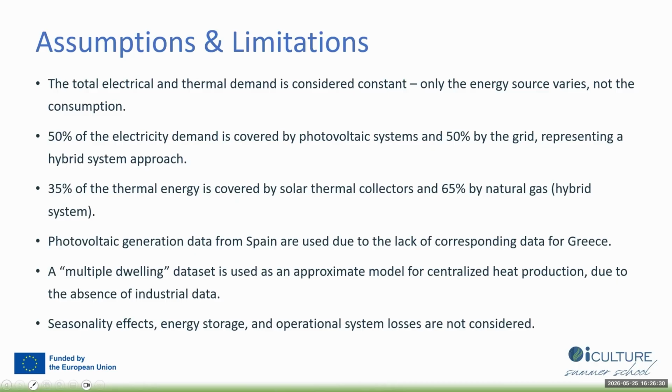This means our study focuses exclusively on the impact of shifting the energy source without assuming any changes in process efficiency or consumption behavior. For the hybrid configuration, we model a balanced hybrid approach, meaning for electricity, we assume a 50-50 split between the photovoltaic system and the national grid. And for thermal energy, we aimed for a 35% solar contribution, with the remaining 65% supplemented by natural gas.